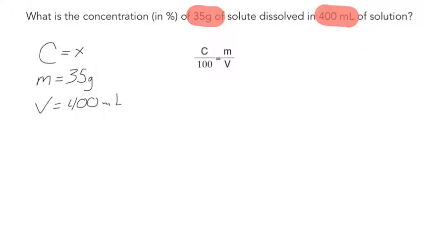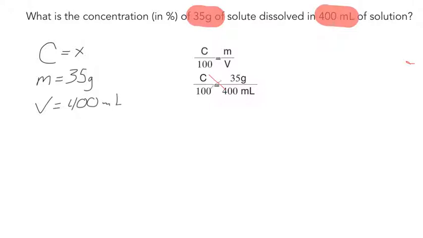So we have our proportion, C over 100 is equal to M over V. Now we substitute M and V and then solve. So we have C over 100 equals 35 grams over 400 milliliters. Due to cross multiplication, we multiply the top on one side by the bottom on the other.